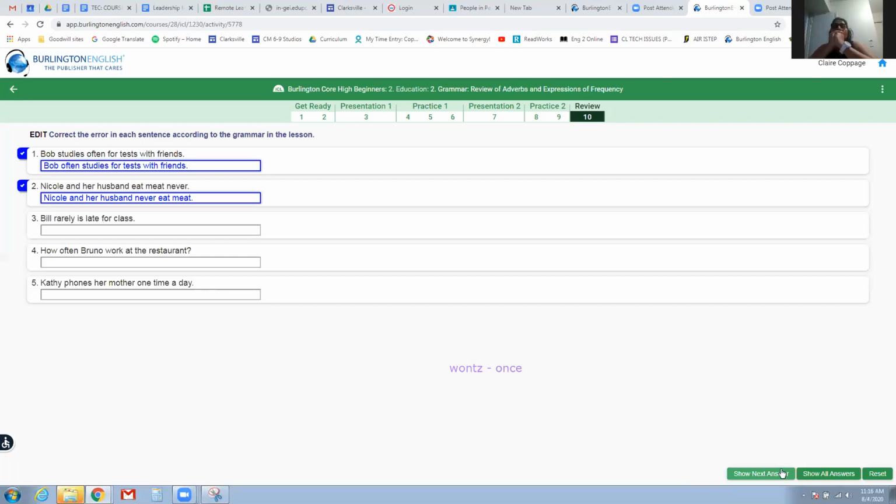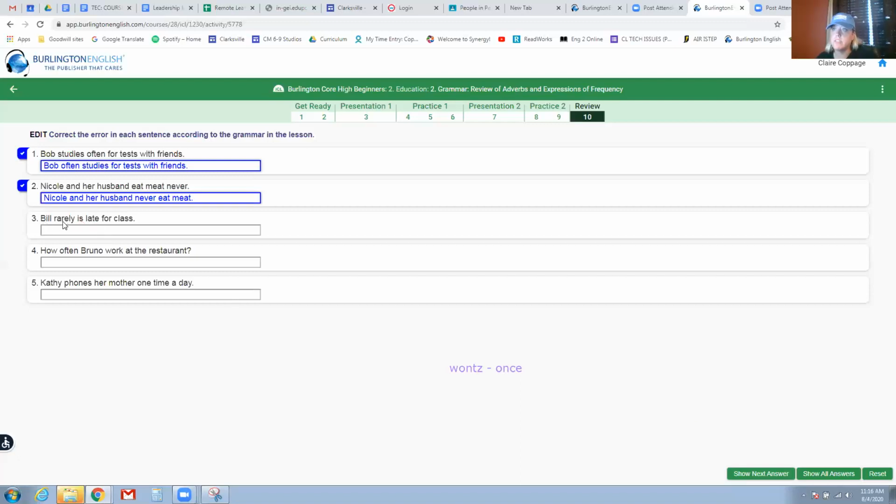Number 3, Bill rarely is late for class. Bill rarely is late for class, porque ya tiene el is. Sí. Aquí, ajá. And where does the adverb of frequency go if we use the verb to be? Es diferente. No es antes. Ah, pero si es el verbo to be, queda is, porque es tercera persona.